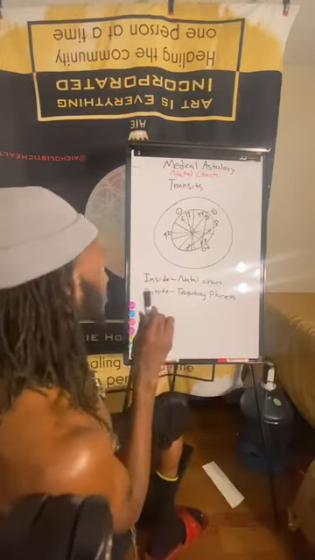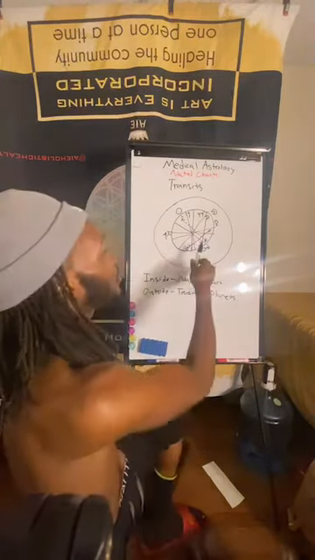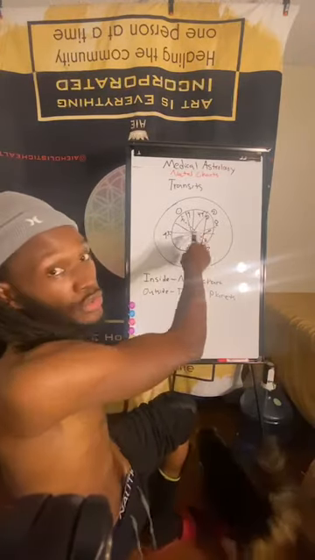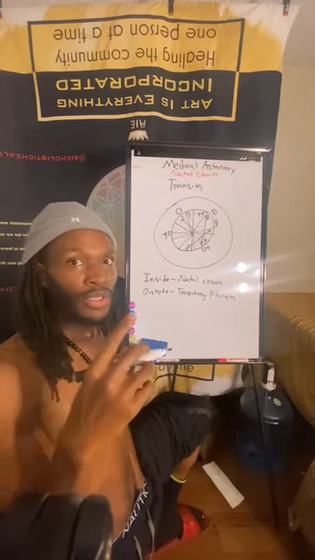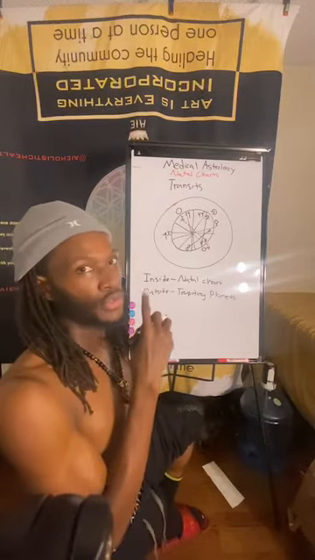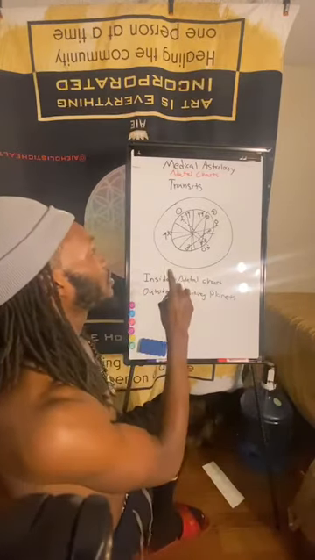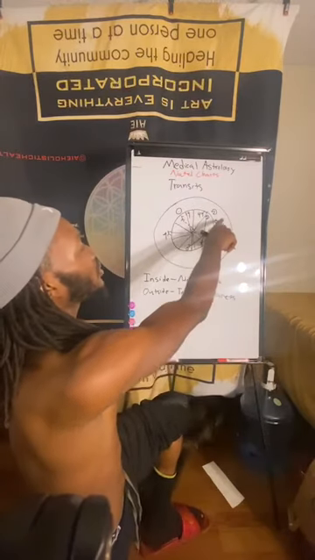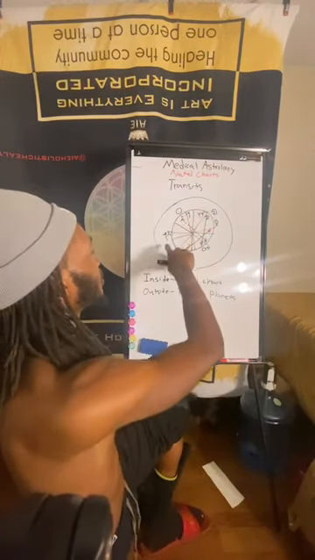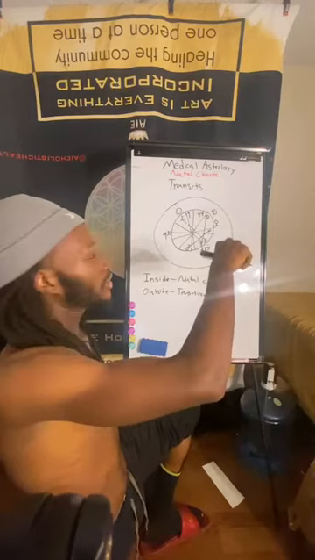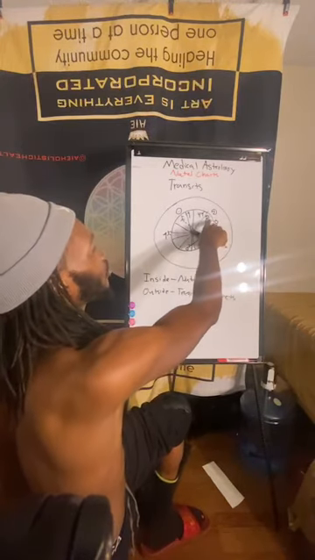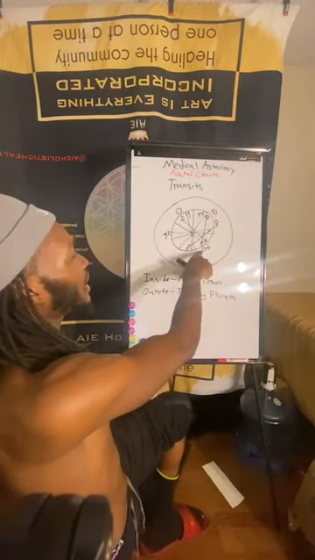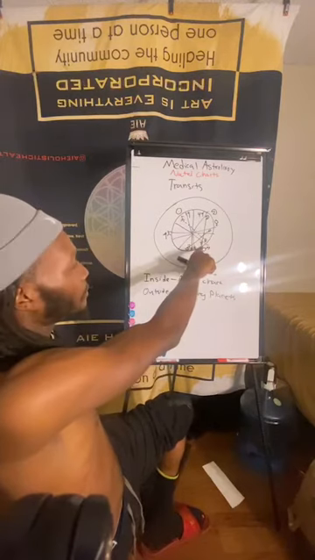Once you learn your natal chart and figure out what each planet means for you, then you can start to look at the outside planets currently. So say your moon is here and it's in sextile with your Mercury.